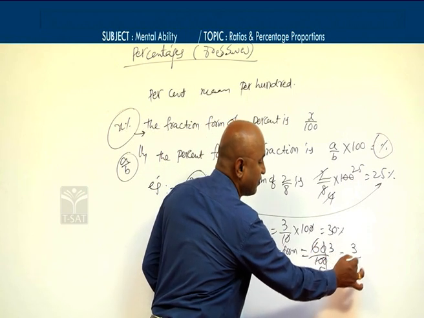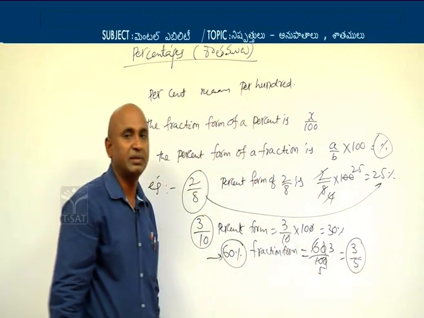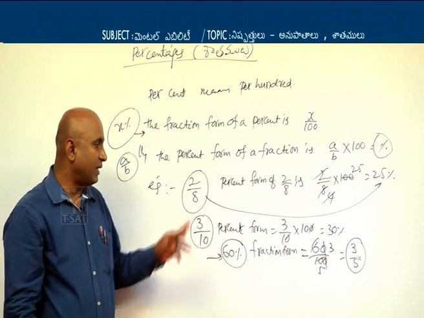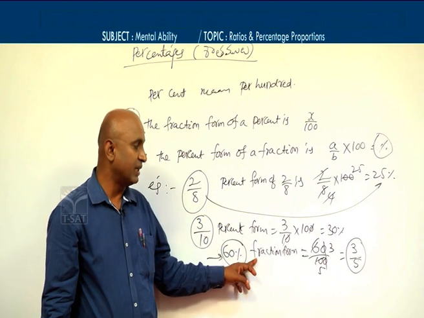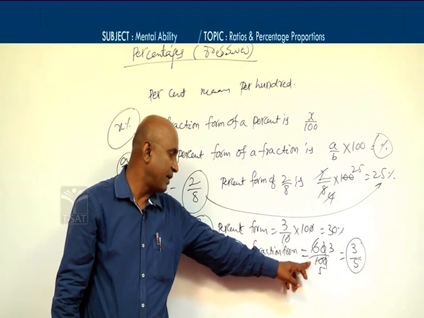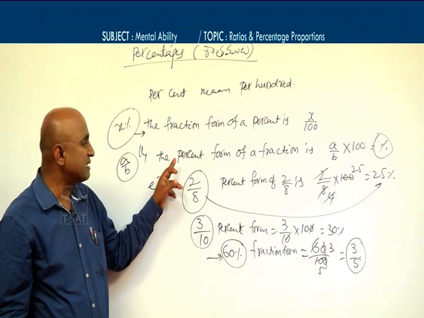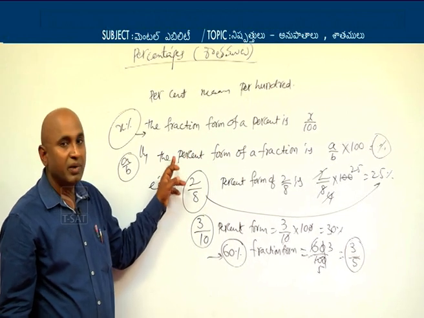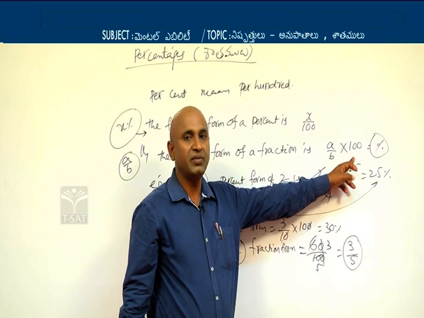So the fraction form of 60% is equal to 3/5. One more time. In order to convert a percent into a fraction, divide the percent with 100, and to convert a fraction into a percent, multiply with 100, then you will get the answer.